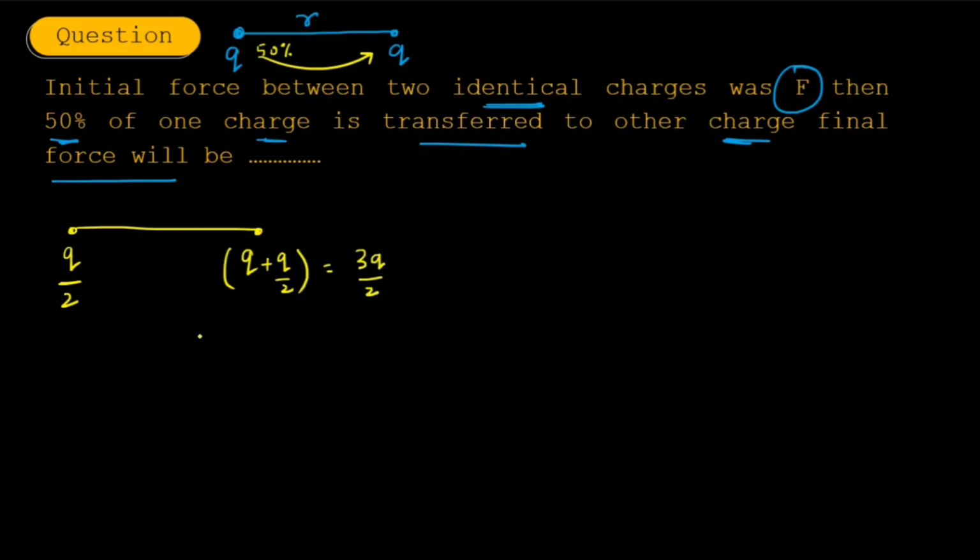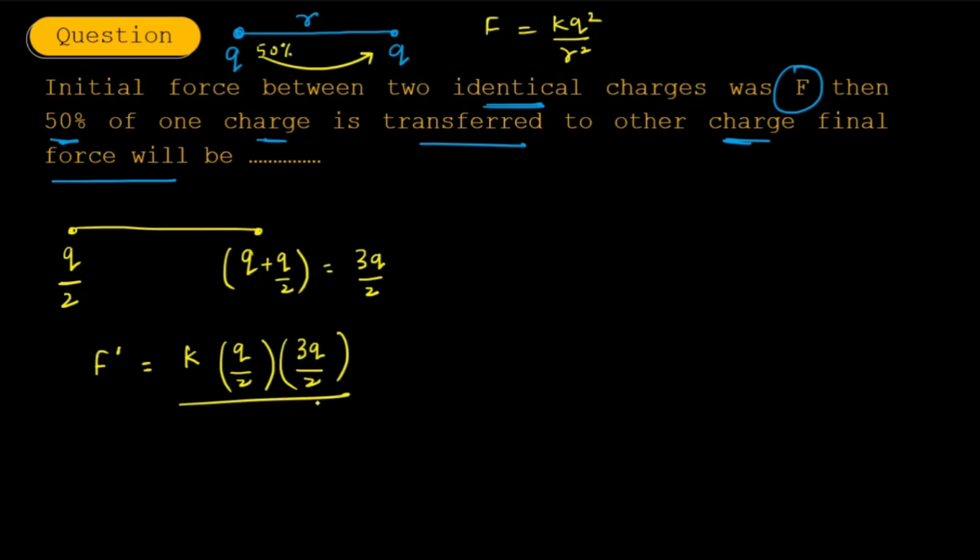Now the question is how the force will change, or what the final force will be. Initially we can assume the force was KQ square by R square, because the charges were identical. But finally, in place of Q we'll write Q by 2, and in place of Q2, the second charge, we'll write 3Q by 2, over R square.